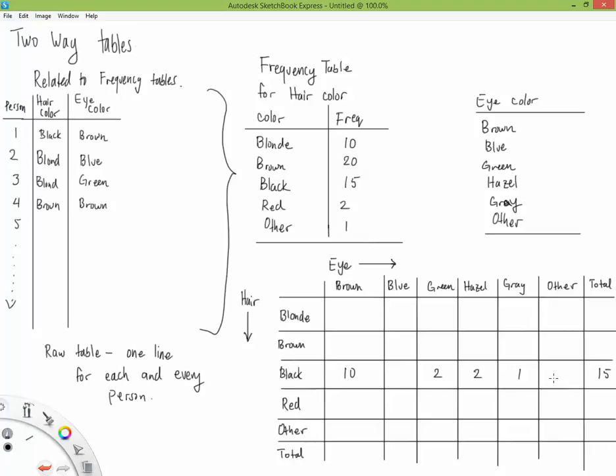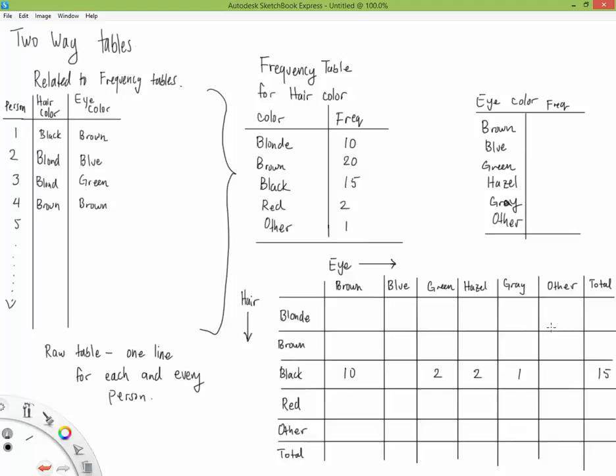I didn't bother putting the numbers in so everything adds up, because it would get too complicated. If we did a frequency table, we would have counts over here, you are correct, but I didn't bother filling this in. We can fill this in at the end if we want to. I'm just making up numbers here.